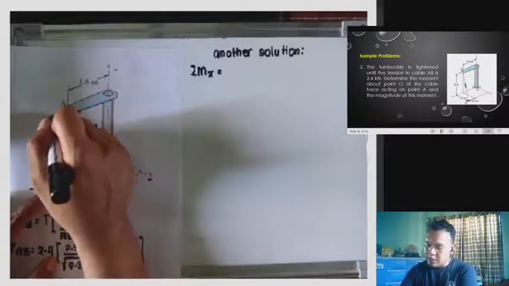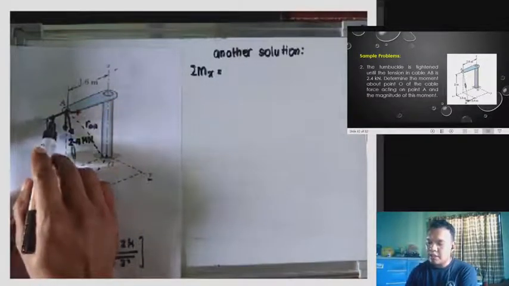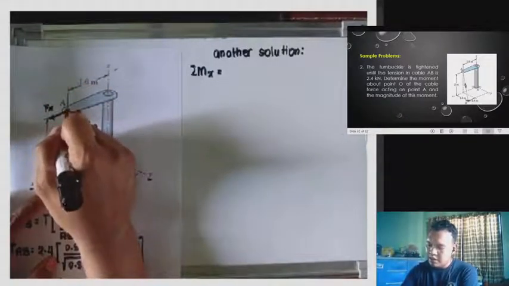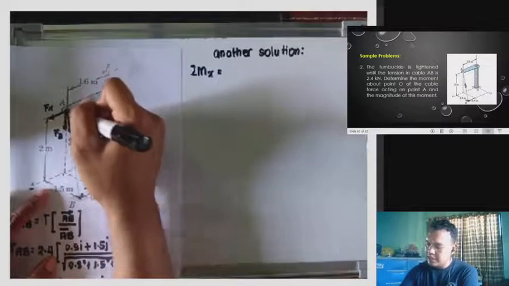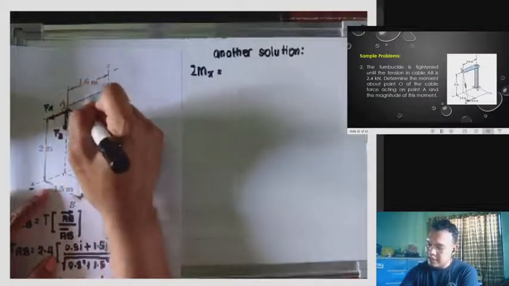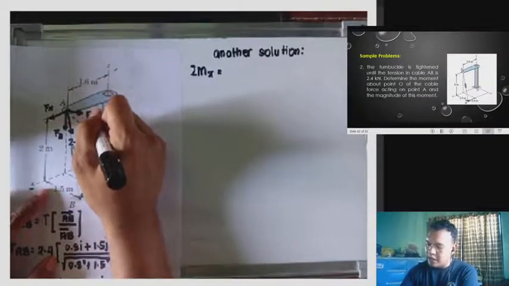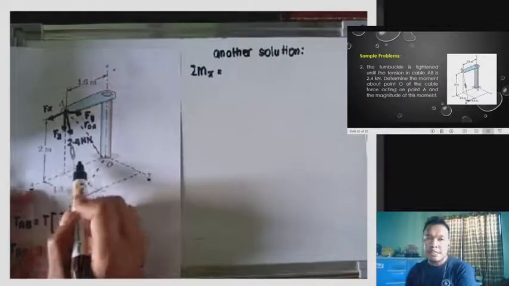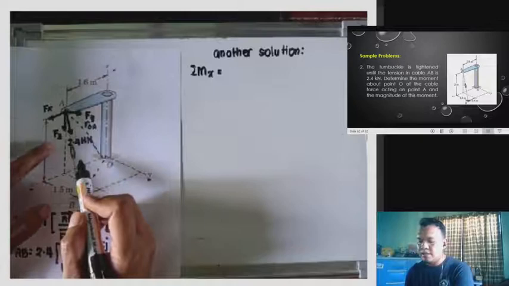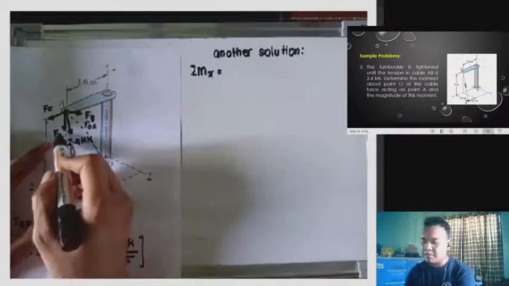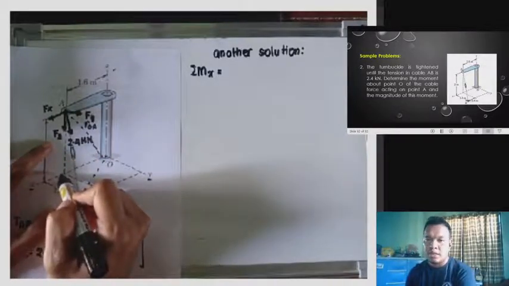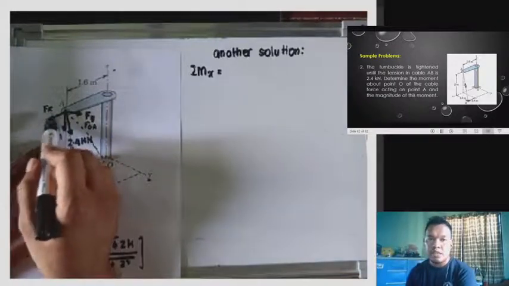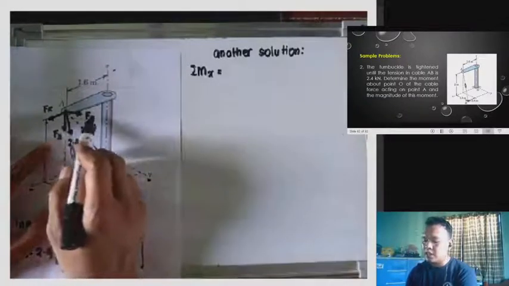Yung fx natin, sabihin ko ito yung fx, fz, and fy. So, ibig sabihin, pag mag-moment ako sa point O along x-axis, so si fx and si fz ay hindi mag-moment kasi nga si fz is nag-pass through dun sa line sa axis ng x. Tapos yung si fx is parallel. Tama ba? So, ang lalabas, si fy na lang to.